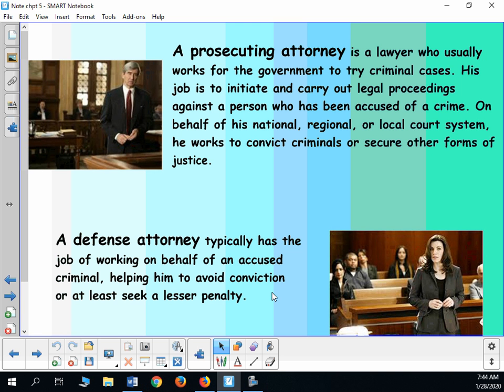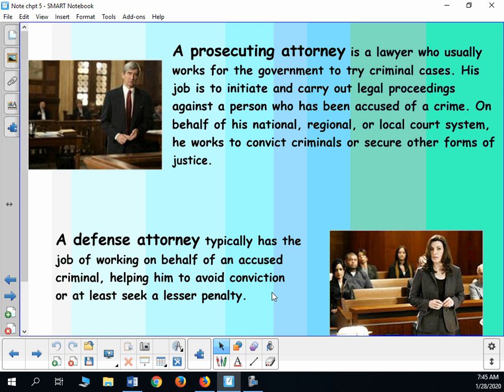So on behalf of his national, regional, or local court system, he works to convict criminals or secure other forms of justice. Other forms of justice could be restitution or some sort of settlement that will then address whatever crime has been committed.